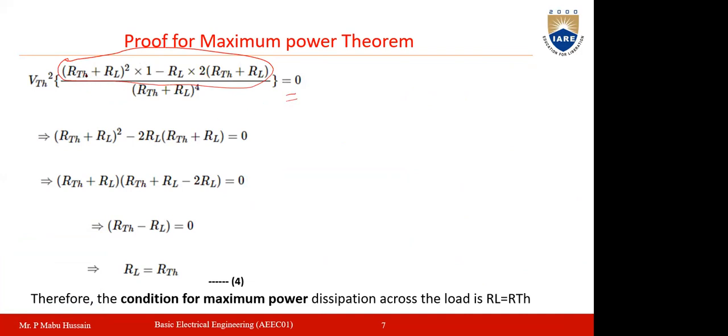So we equate (R Thevenin plus RL) whole square minus 2 into RL into (R Thevenin plus RL) equal to 0. Here you have R Thevenin plus RL common in both terms, so you will have another term, R Thevenin plus RL, and here minus 2 RL. We can also take R Thevenin plus RL equal to 0, and then this total expression will become equal to 0.